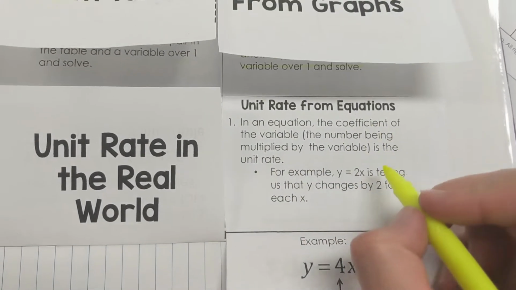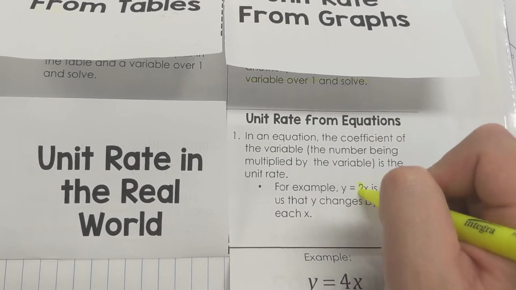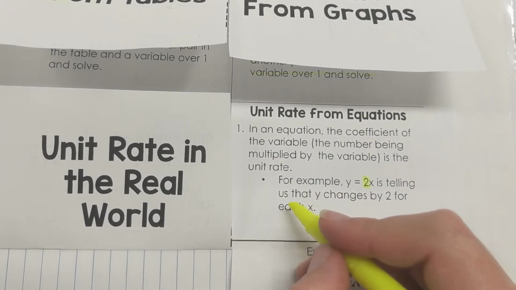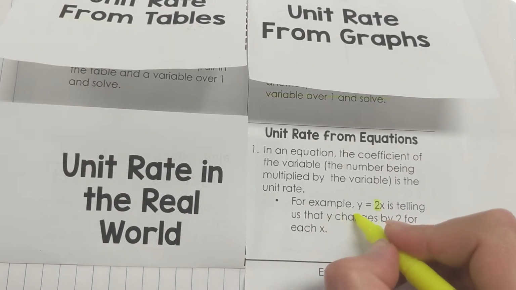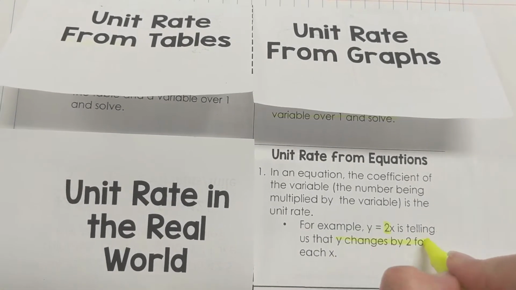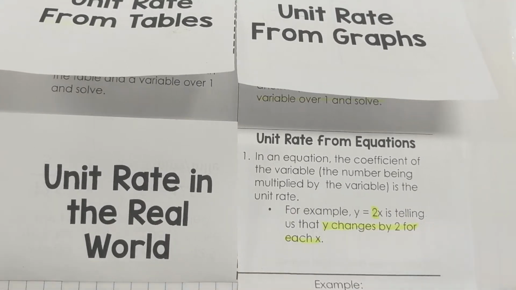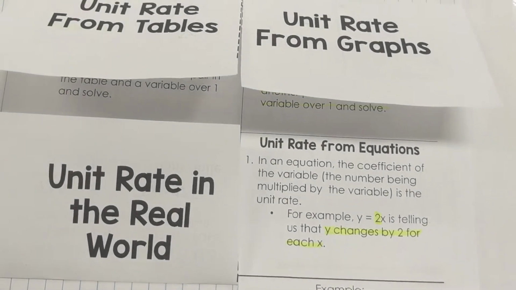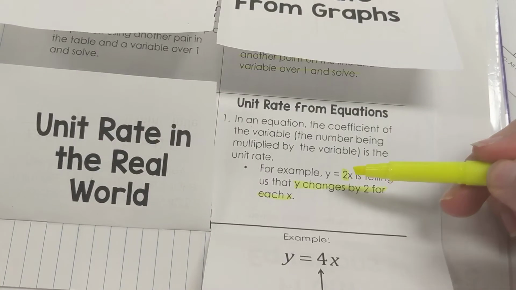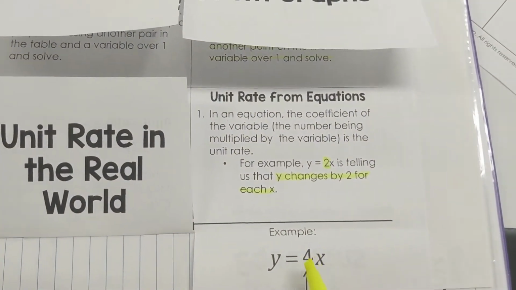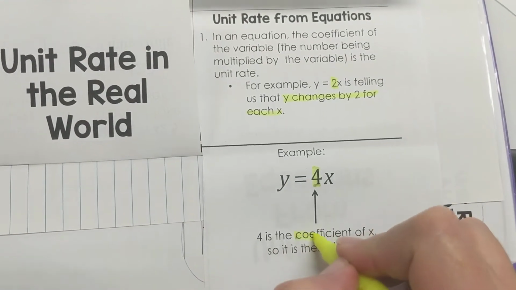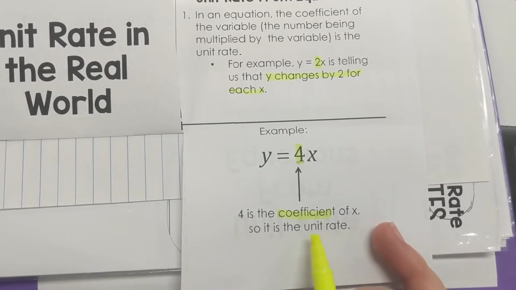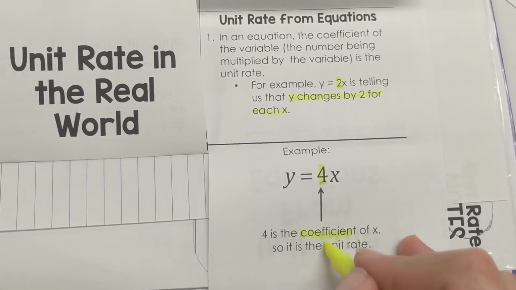So for example, y equals 2x is telling me that y changes by 2 for each x. Done. So there is my unit rate is 2. For this example, my coefficient is 4. Therefore, my unit rate is 4.